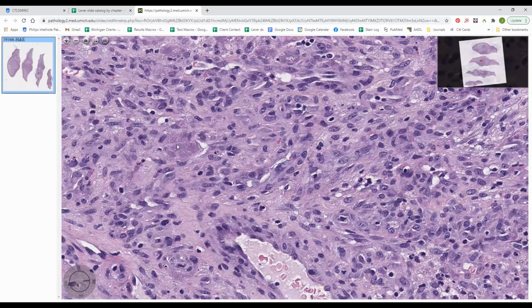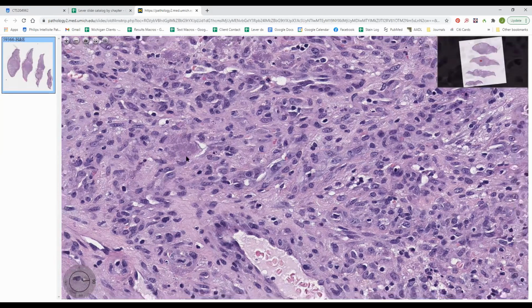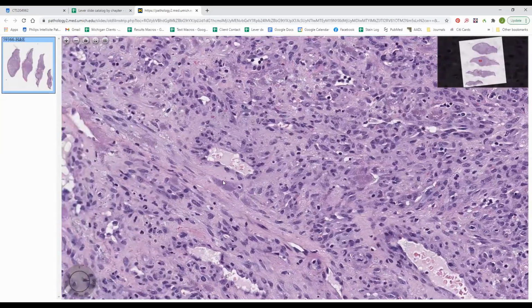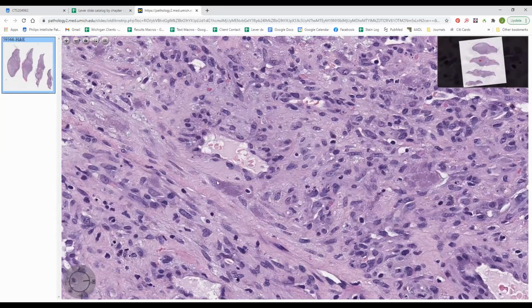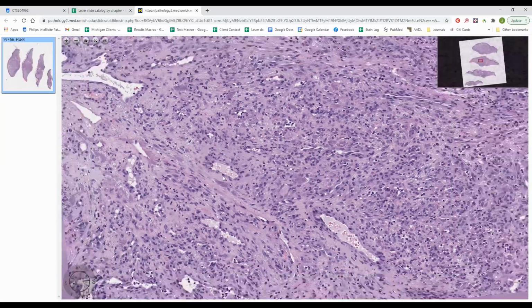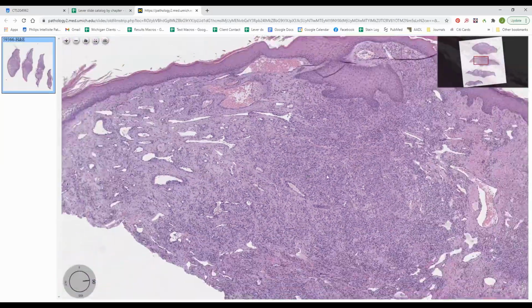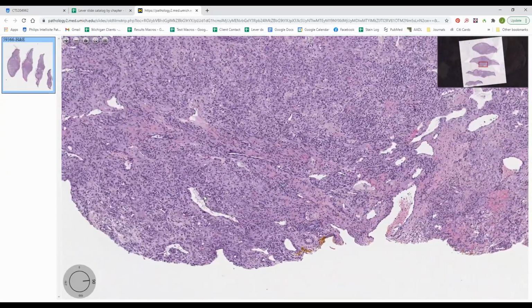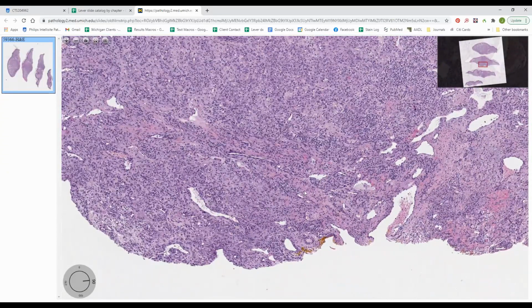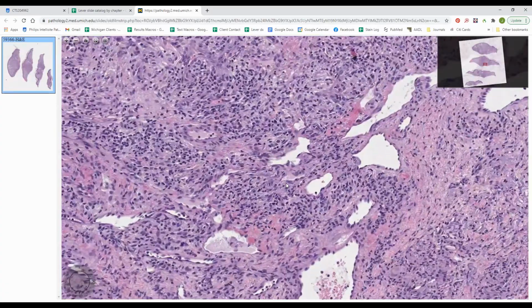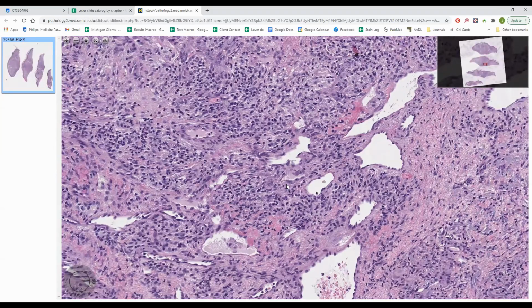But as we get even closer, you start to see some of this hazy material. So these kind of hazy bluish collections or these globs kind of in between the vessels. And this is really the diagnostic gold here. So what you're looking for are these collections. And the clues to the diagnosis in what looks like a vascular proliferation is inflammation that's a little bit deeper than what you would expect for perhaps a pyogenic granuloma or Kaposi, and maybe some scattered plasma cells.